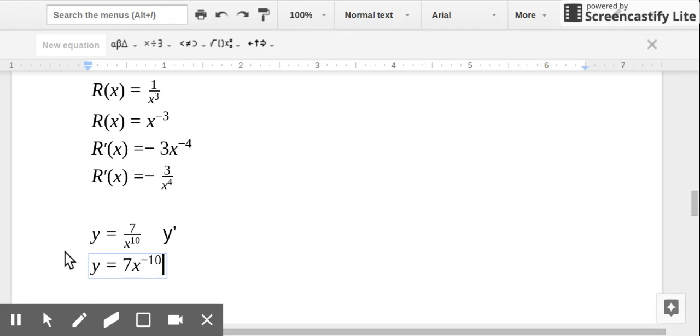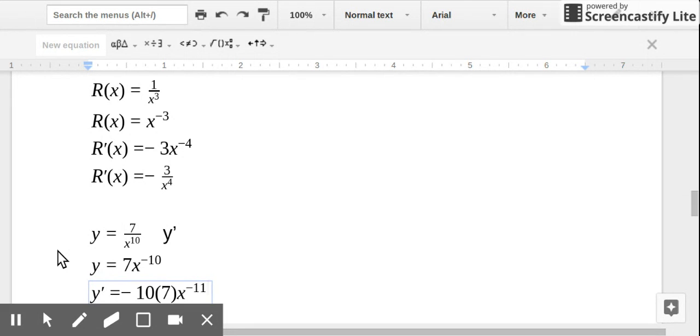All right. Now we can use the power rule, and that means we're going to take the derivative. Let's write y prime is equal to, so we take that -10 and bring it out front. I'm going to put parentheses around our 7 here, because it is multiplied. X raised to, what do we do here? We subtract 1, so that becomes -11.